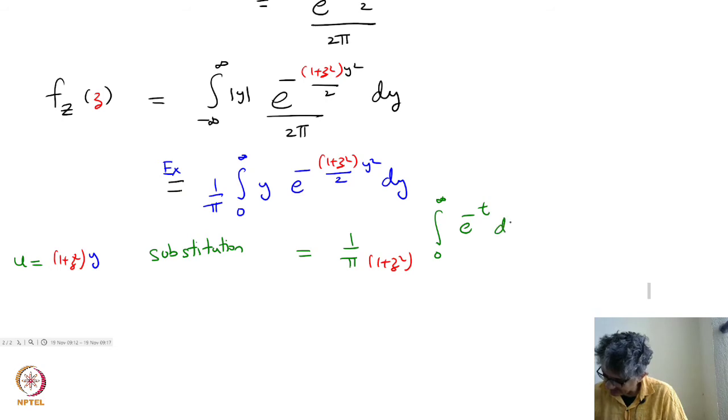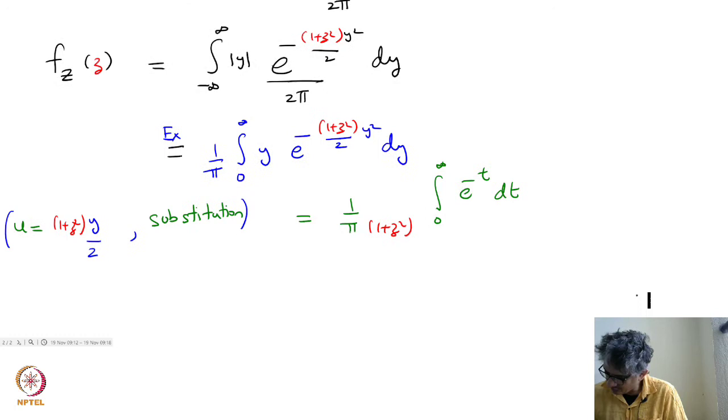So maybe to make life simple, I just divide this whole thing by 2 as well. Do I need to? No, I don't have to do that. Yeah, if I do this, I need to do that. Very nice. So I do the substitution, then I get this.